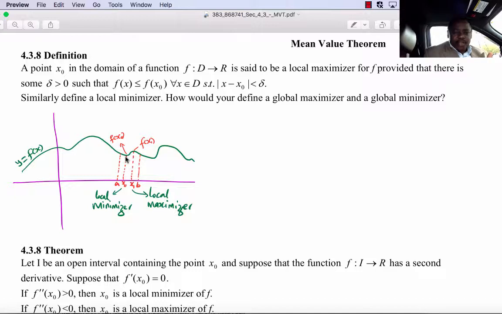Similarly, x0 will be our local minimizer, and f of x0 will be our local minimum. But observe that this point right here is way greater than f of x1. But that doesn't bother us because we are dealing with local maximizers and local minimizers.